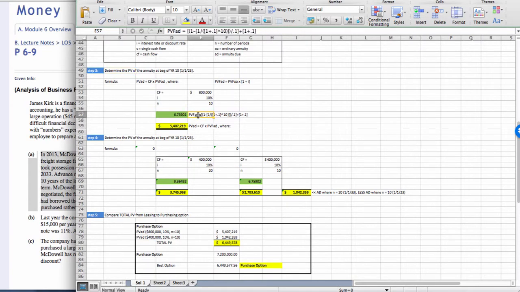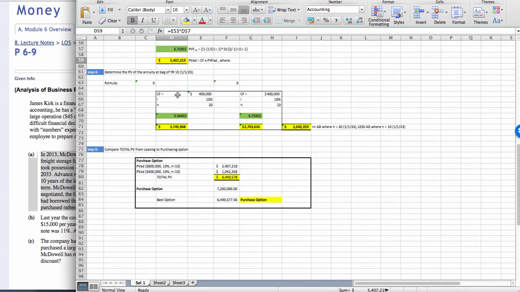And to solve that, you will need the present value factor for an annuity due at 10% over 10 periods starting at the beginning of the first period. If you work through the math using the formula, this is what you get in terms of your factor. Then you multiply that times your cash flow amount. This is the present value of that first annuity.